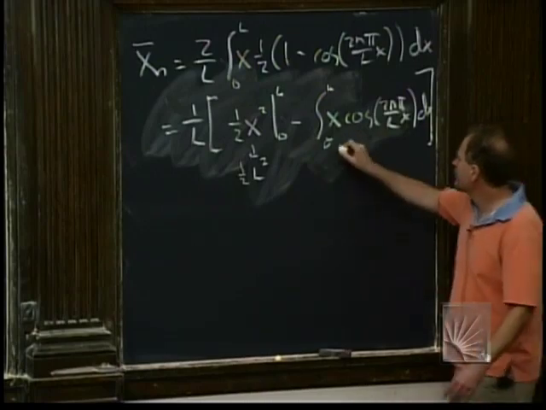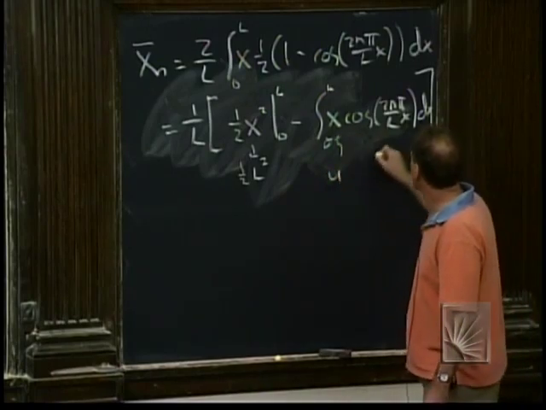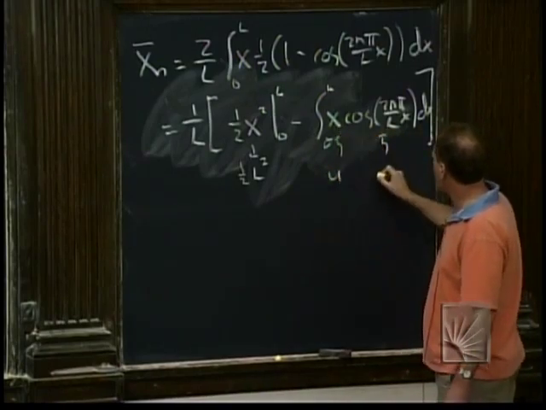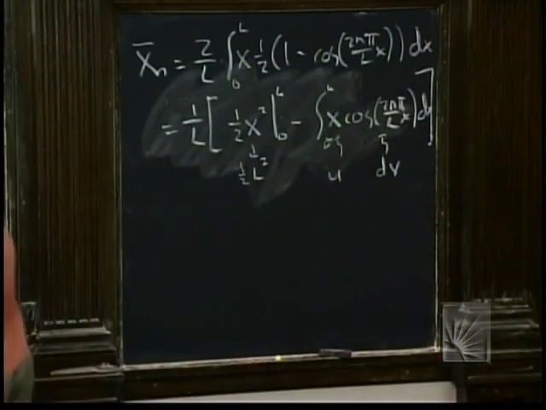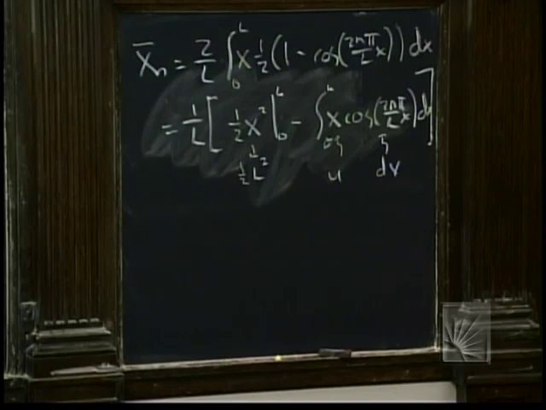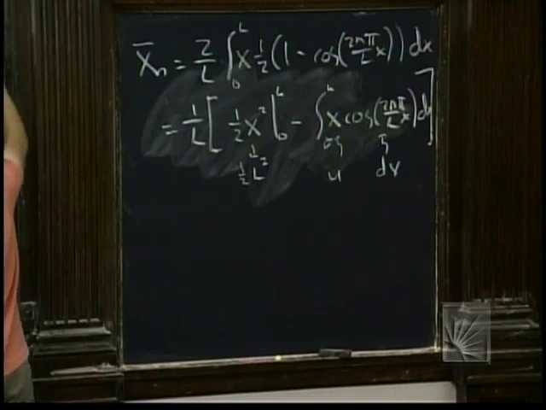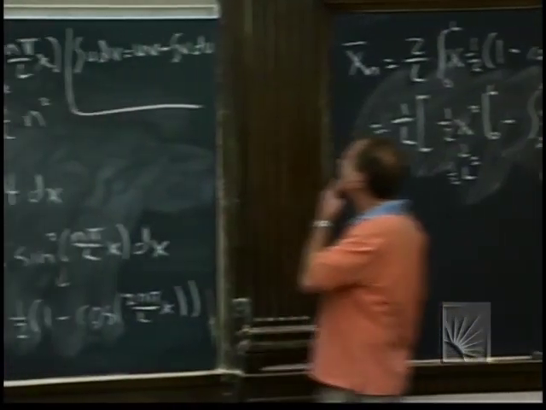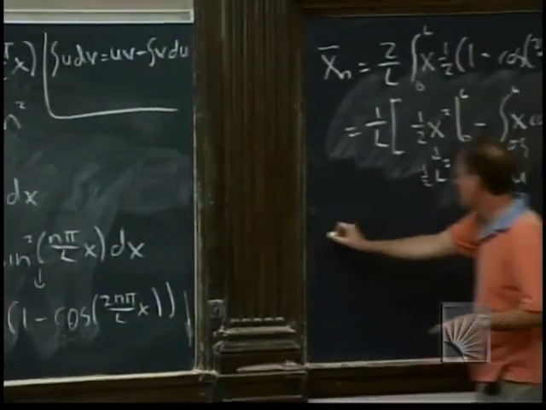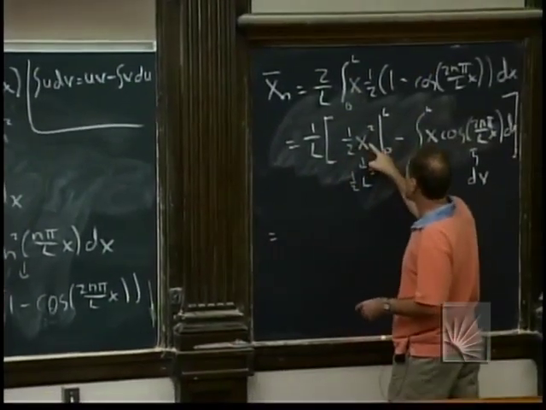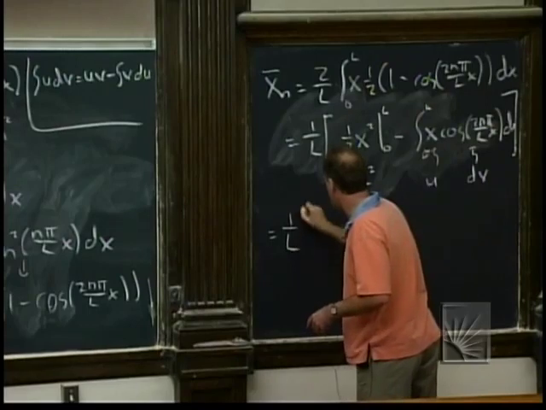Integration by parts. This is u, because I want it to go away. I want to take a derivative of it, and that's dv. If you remember, integration by parts is that the integral of u dv is uv minus the integral of v du, right? So now that's 1/2 L squared. Well, let me continue to write it with the big bracket outside.